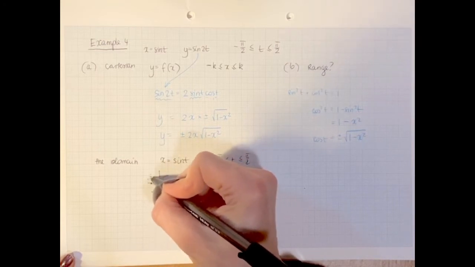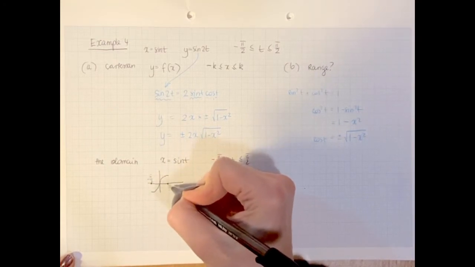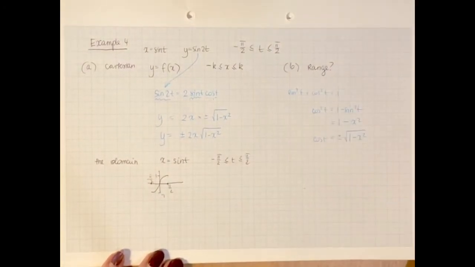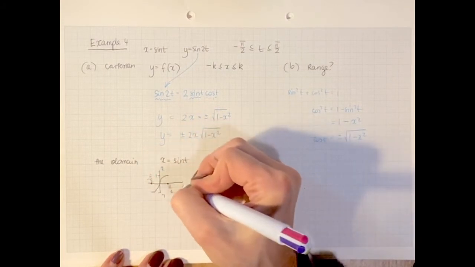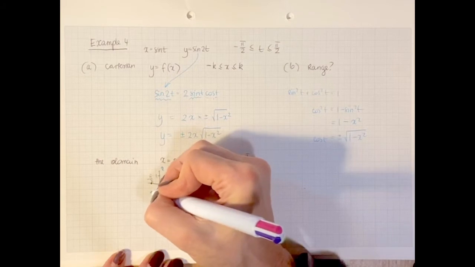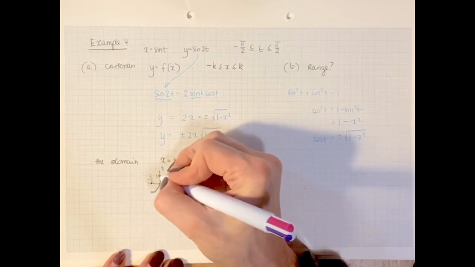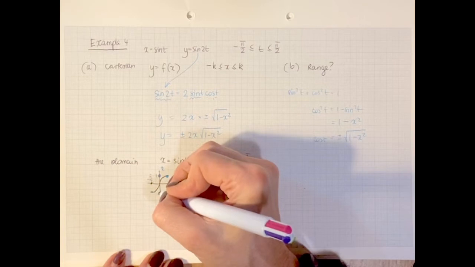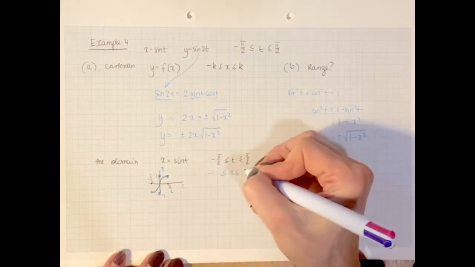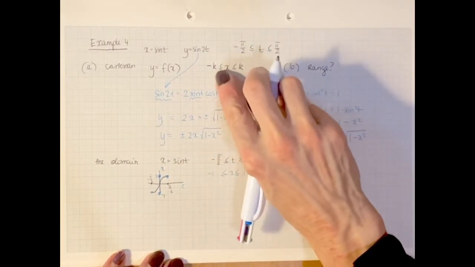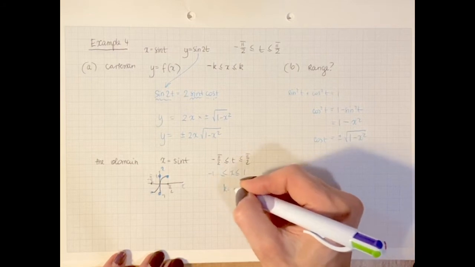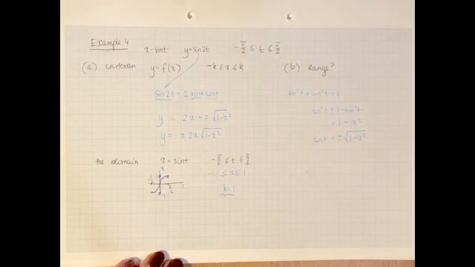If I sketch it, this is from -1 up to 1. These are your x's, this is t, including the endpoints, so just color in the circles. So you're going to get anything from -1 up to 1. There you go. So if you substitute that, that gives you k is equal to 1 for this particular question.